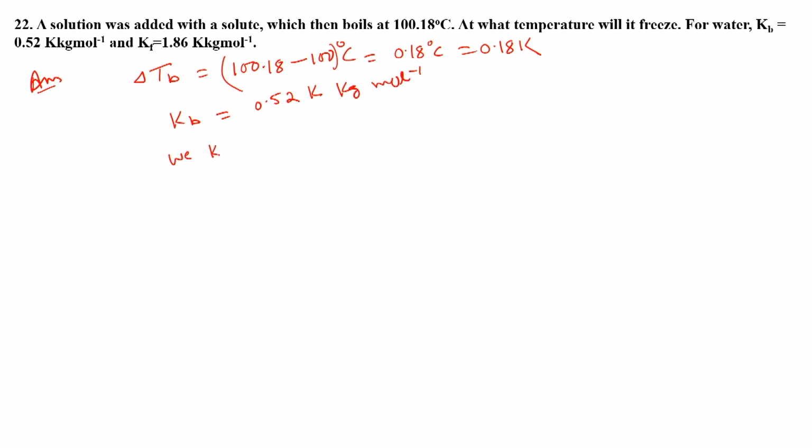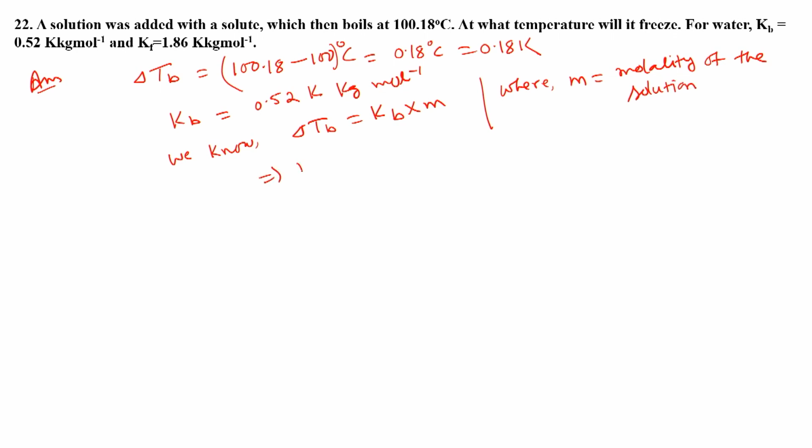We know delta Tb is Kb times m, where small m is the molality of the solution.